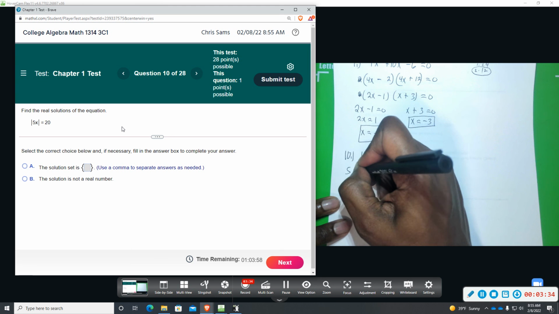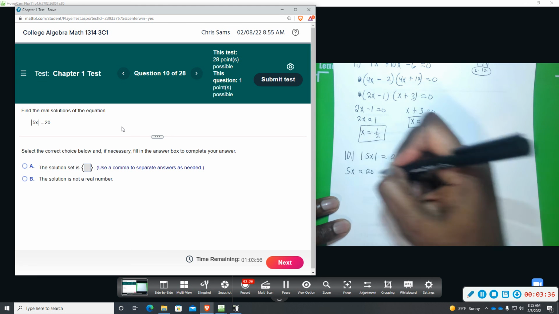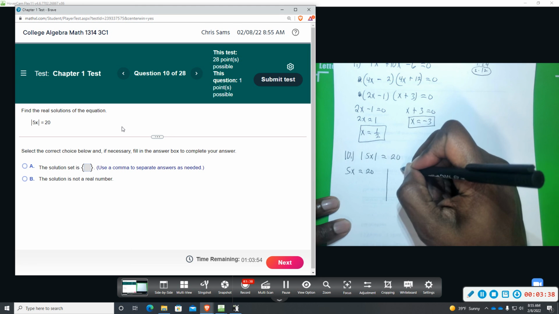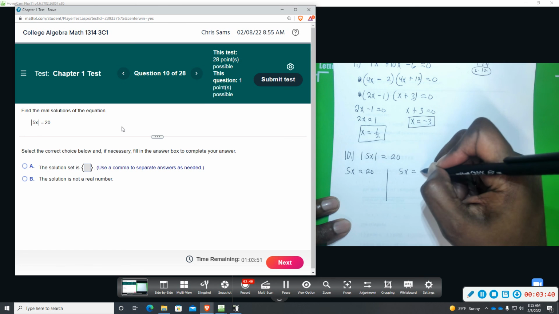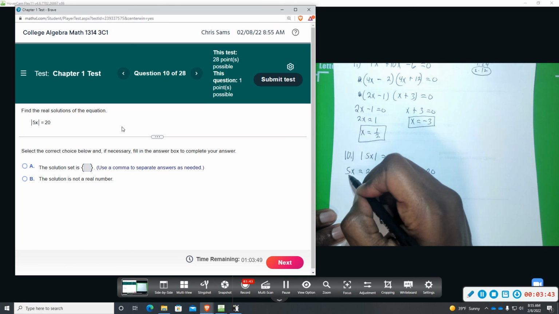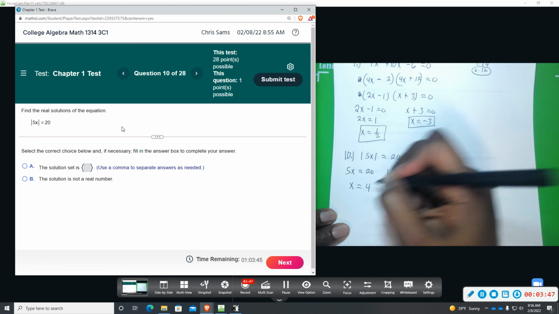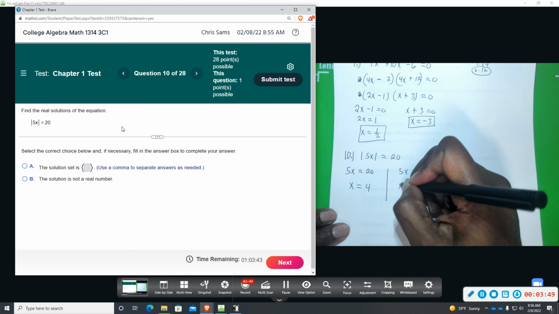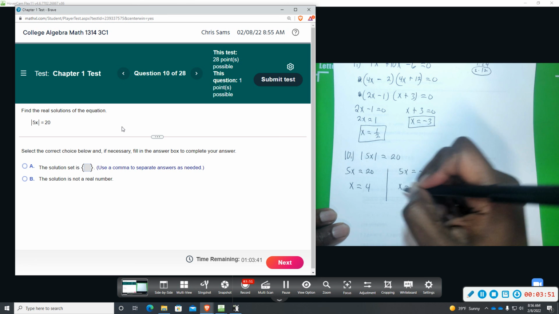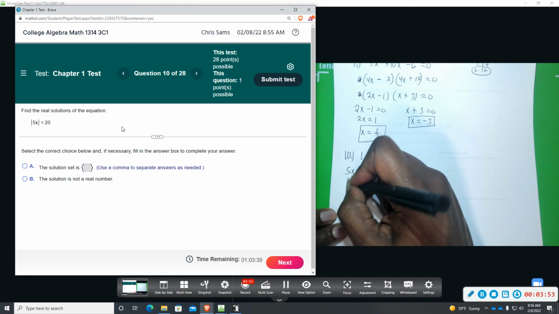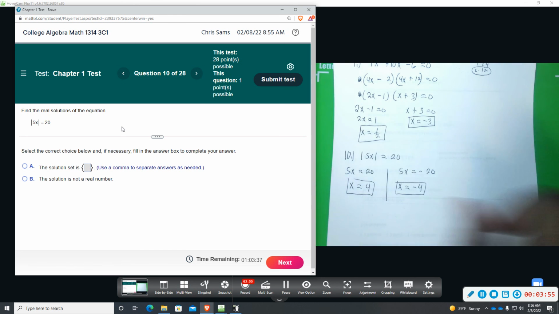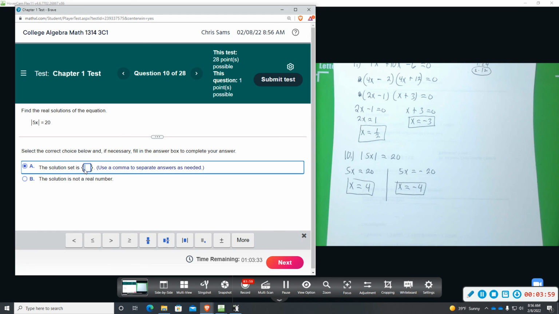So 5x equals 20, and then 5x equals negative 20. So in this case, we're going to divide by 5, and it's going to give us x equals 4. Divide by 5, and we get x equals negative 4. So we got two answers, positive 4 and negative 4. And we're going to type it in, 4 and negative 4.